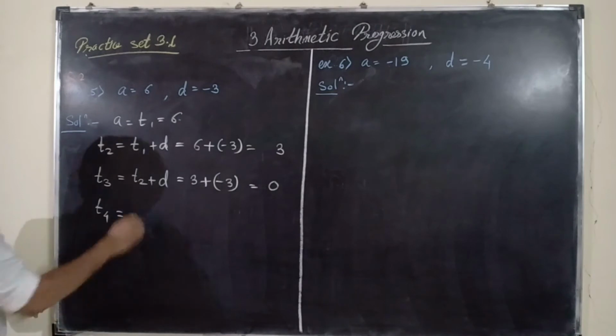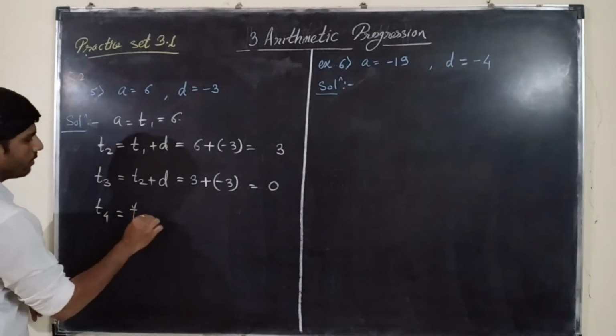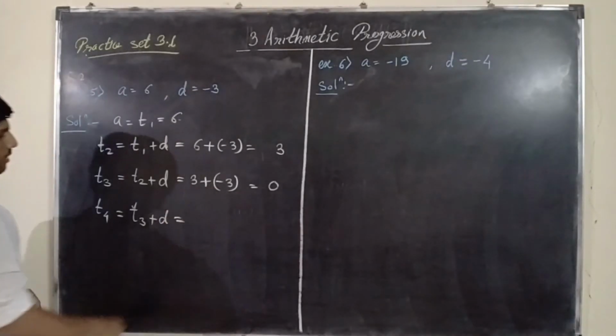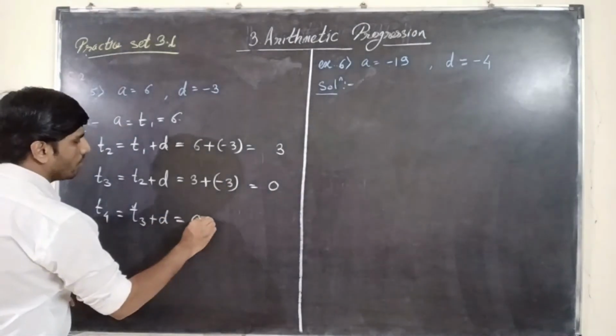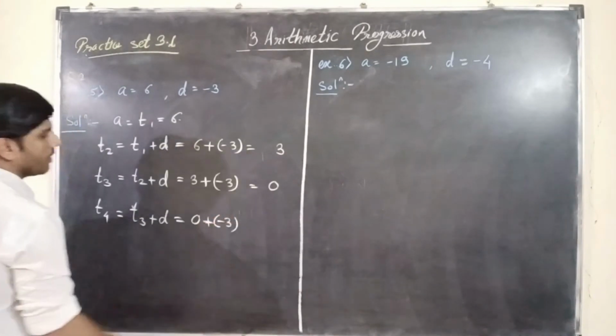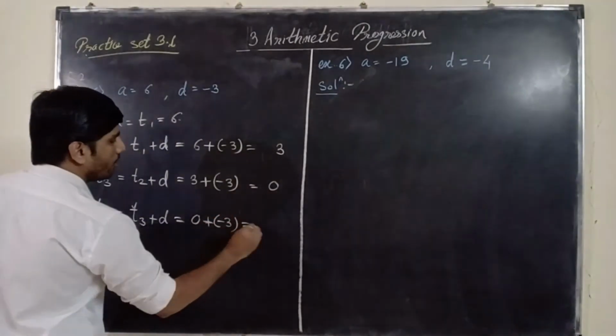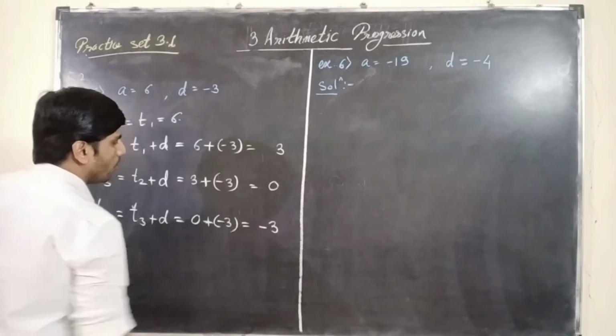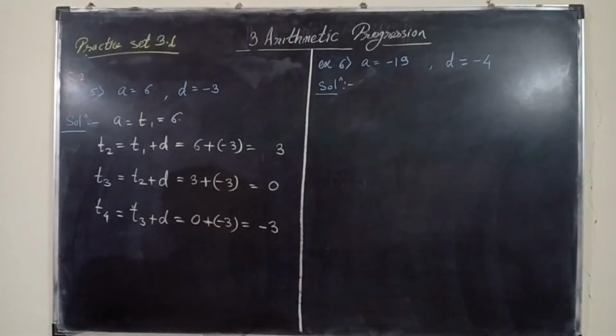Now fourth term, again we will add common difference in its previous term. Previous term is 0 plus common difference is negative 3. So positive to negative will become negative, and 0 minus 3 is negative 3.